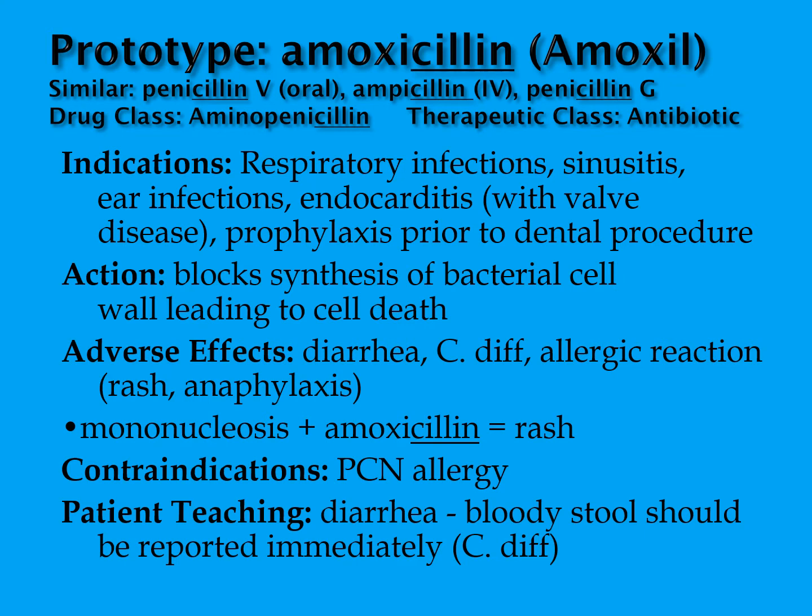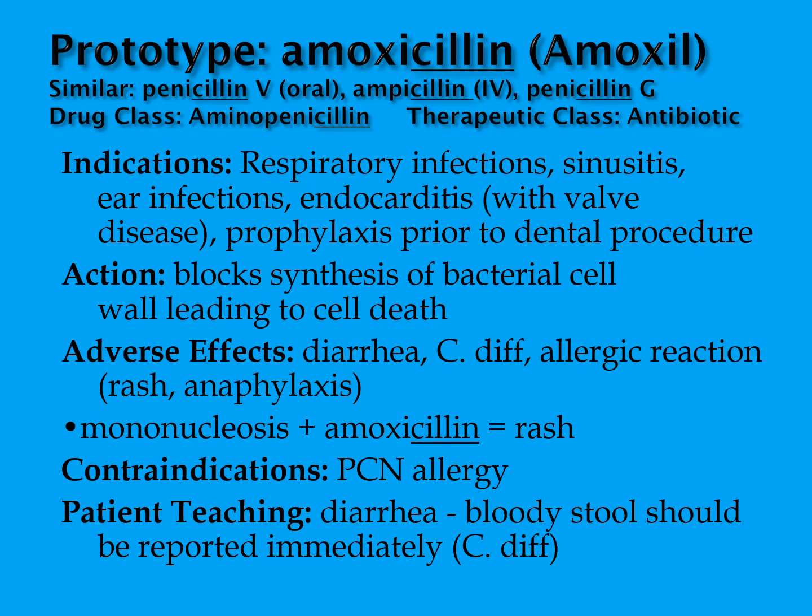And the adverse effects will be very similar to Pen-G. The contraindications, an allergy to penicillin, and likely the most common adverse effect would be a rash, maybe some loose stools. That would be the most common side effect to amoxicillin.